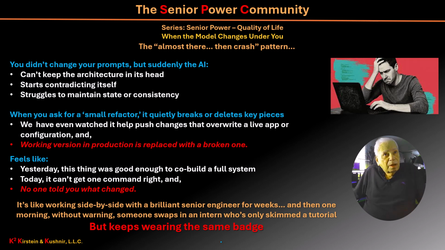I know you didn't change your prompts, but suddenly the AI can't keep the architecture in its head, starts contradicting itself, struggles to maintain state or consistency across files. And when you ask for a small refactor, it quietly breaks and deletes key pieces.